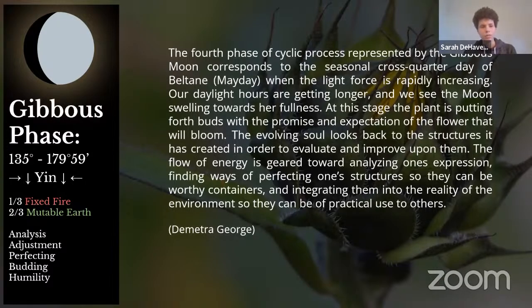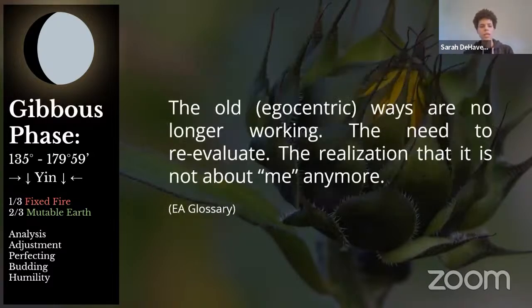Very Virgoan, but there's a lot of Leo in there too, because there is this sense of one's innate specialness and importance. And yet with the Virgo energy, we're learning to adjust based on the realities of the environment we're in, much like Demetra George has so astutely put forth. Let's see what the EA glossary says. Very to the point. The old egocentric ways are no longer working.